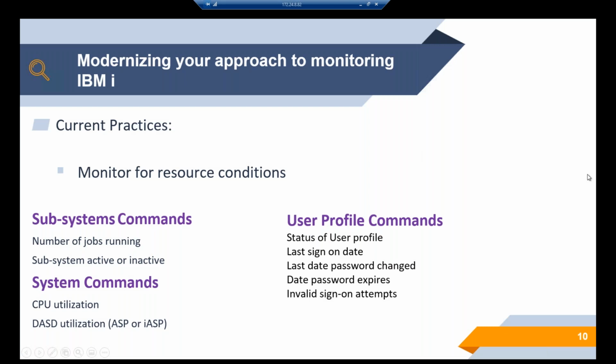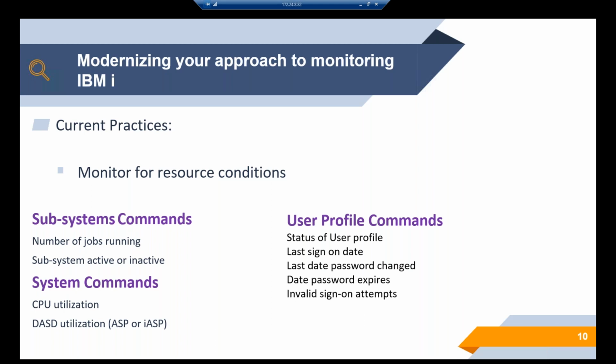So while tracking the system generated messages in a consolidated view, there's also a need for resource condition monitoring as well. Here, we're showing you some of the typical ones that many people are looking to monitor for. For example, in a subsystem, you want to look at the number of jobs that are running, or if the subsystem is active or not.